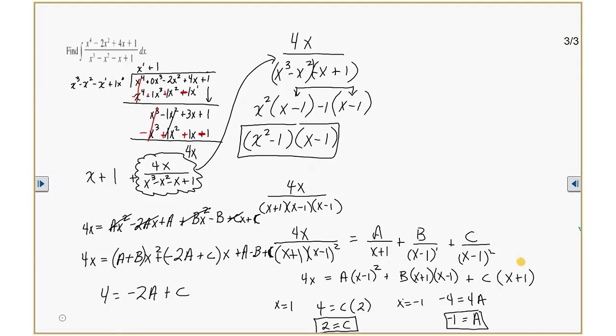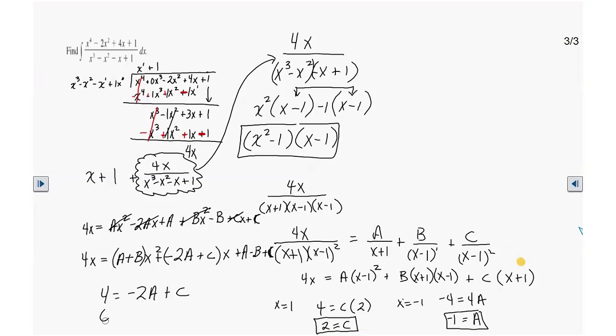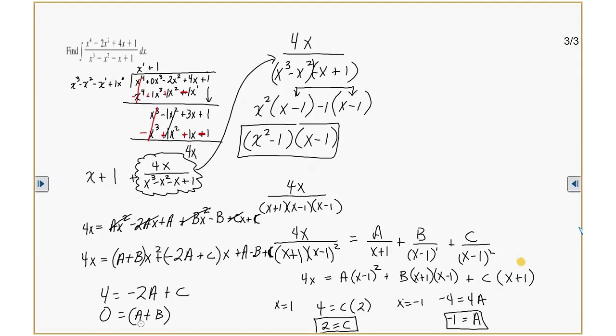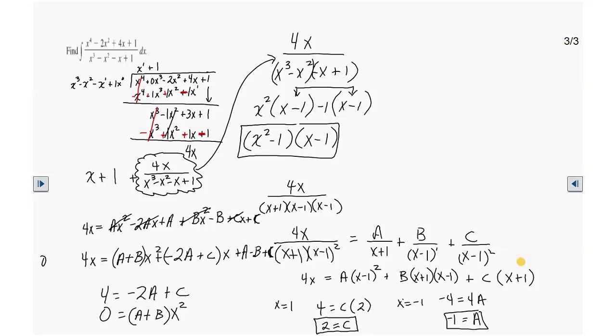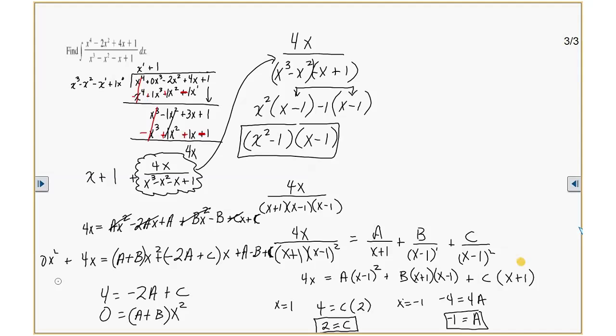So you got to make x equal to something. Hold on, just give me a second. You may have to use 0 is equal to a plus b x squared. Yeah, 0 x squared plus 4x.